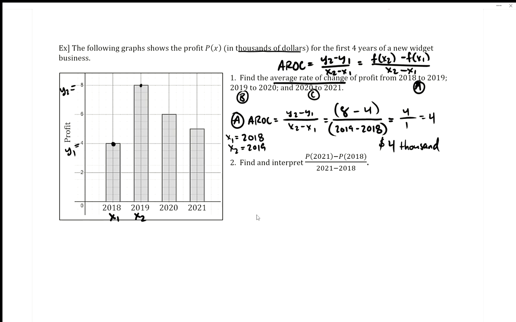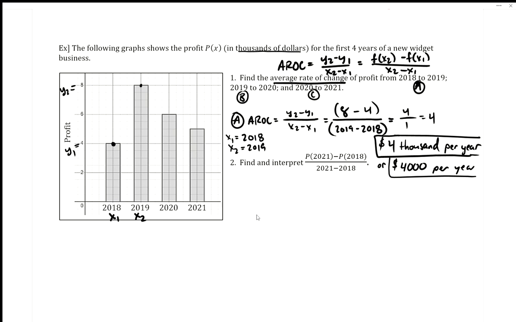So $4,000 per year. The other way they might write it is something like this. They might change the 1,000 into actual thousand. So $4,000 per year. Okay, so there's our letter A.